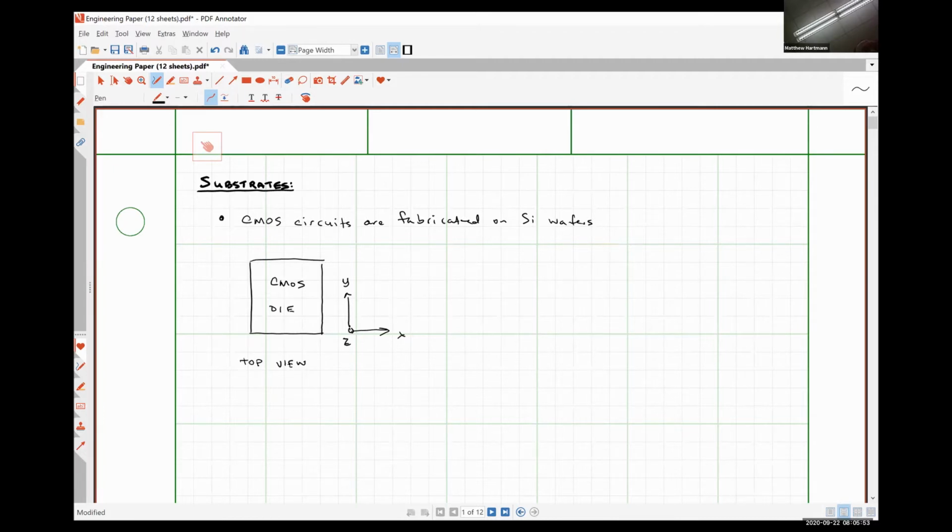We're also going to be fairly regularly looking at what is called a cross-sectional view, where the top line represents the top surface of our wafer and the bottom line represents the bottom surface of our wafer.